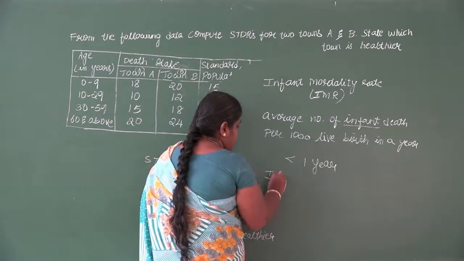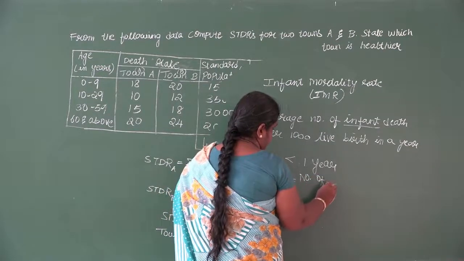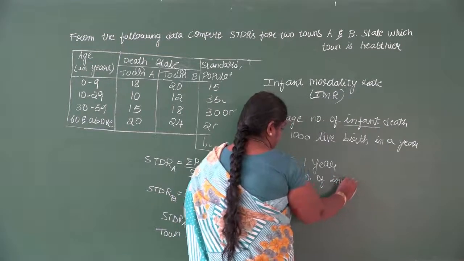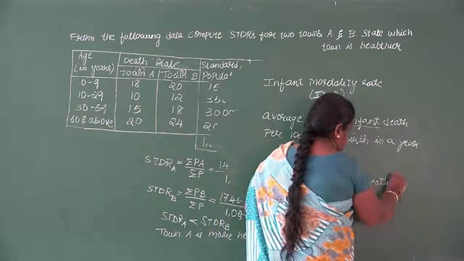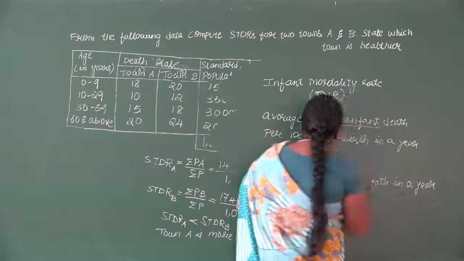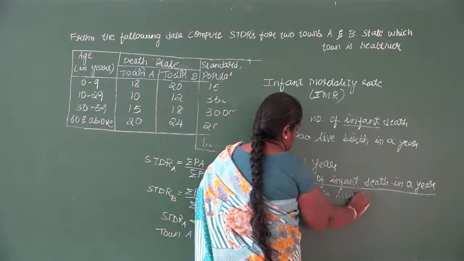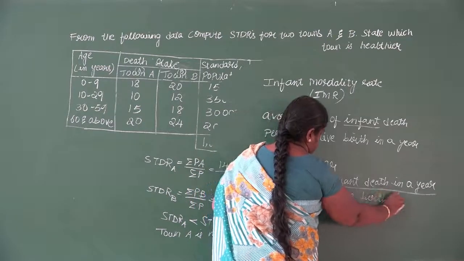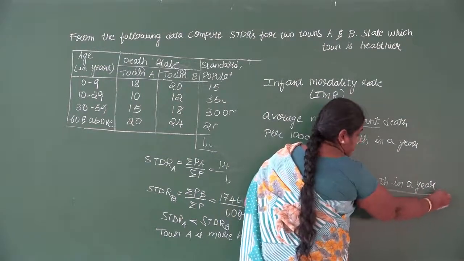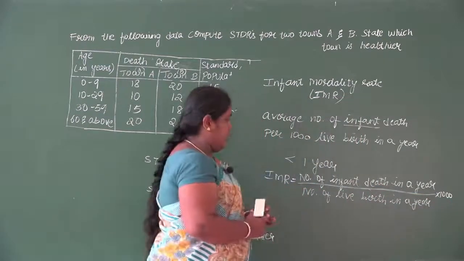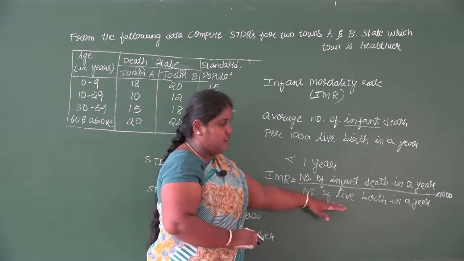The formula is IMR equals number of infant deaths in a year divided by number of live births in a year into 1,000.